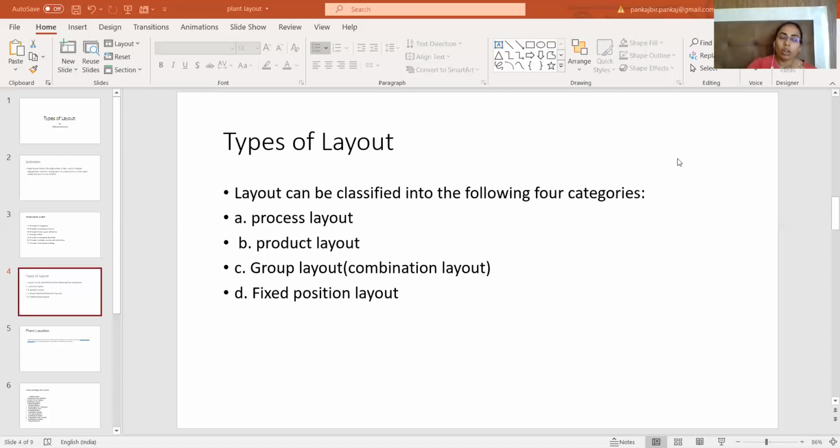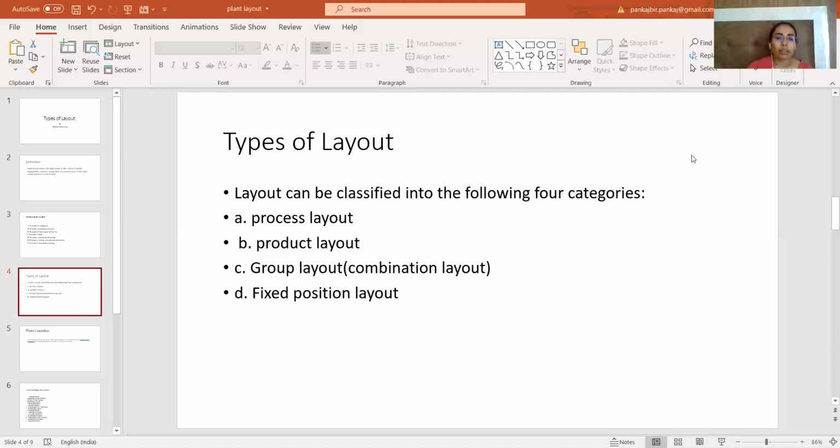So all the processes and the related products are moved to the location, and then the construction or operation starts. This type of layout is suitable when one or a few pieces of heavy product are made. These are the four types of plant layout.